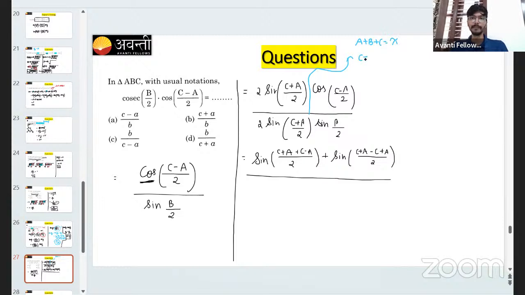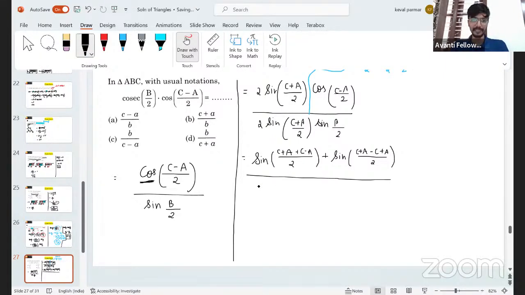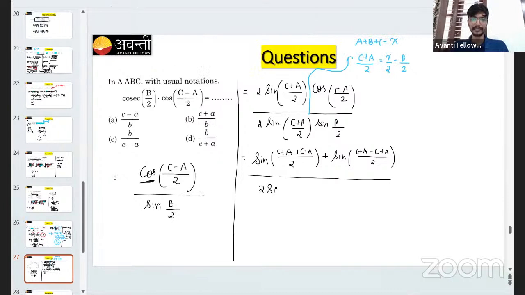So (c plus a)/2 will be equal to pi/2 minus b/2. That means in the denominator I'll get 2 sin (pi/2 minus b/2).